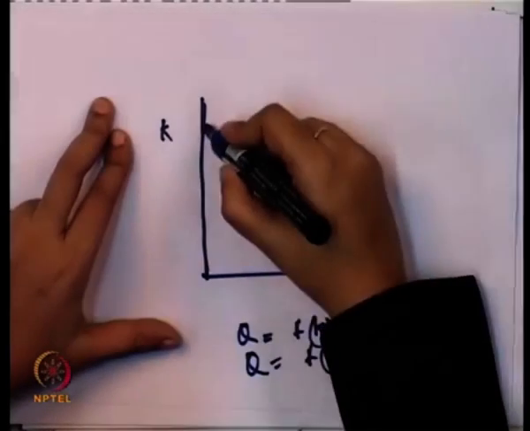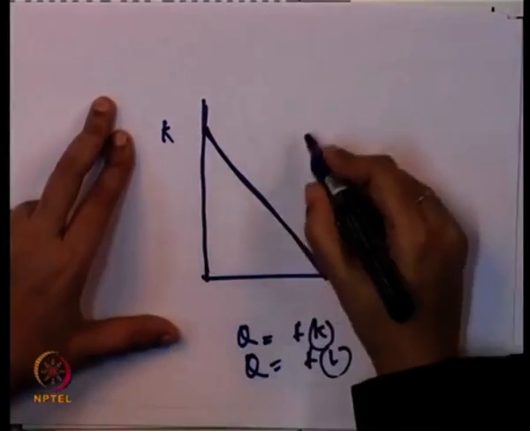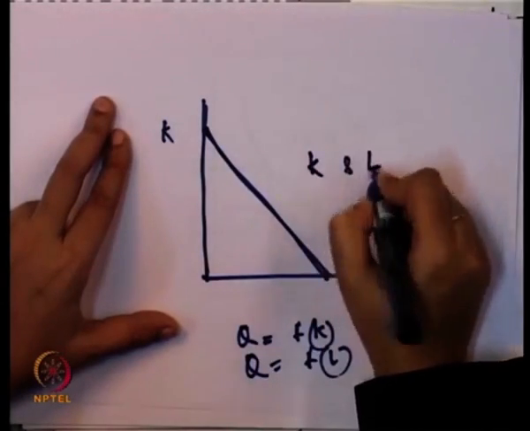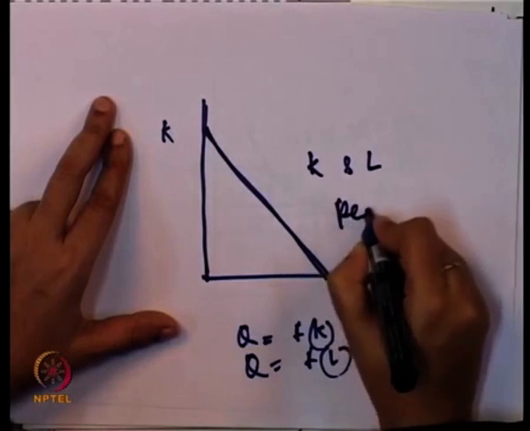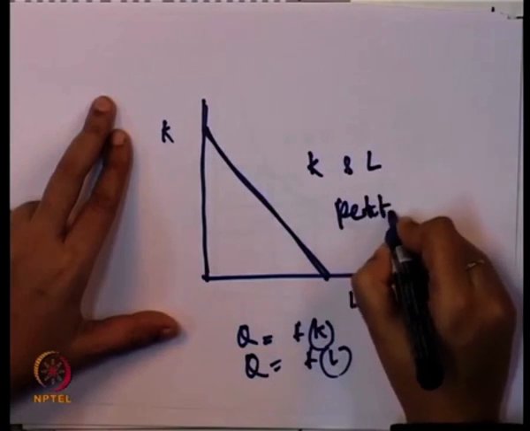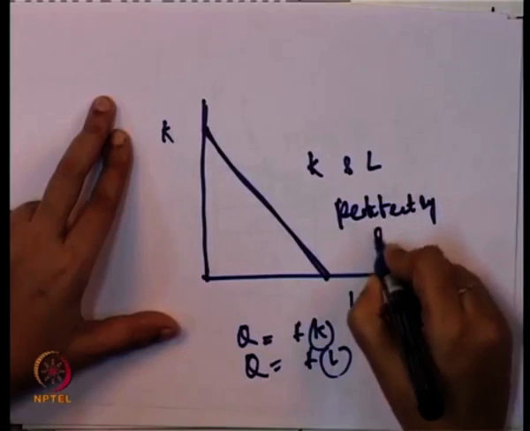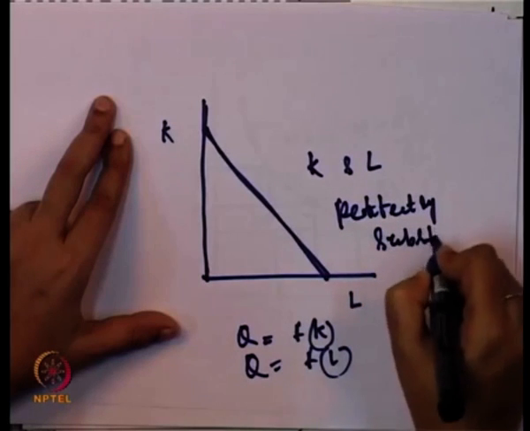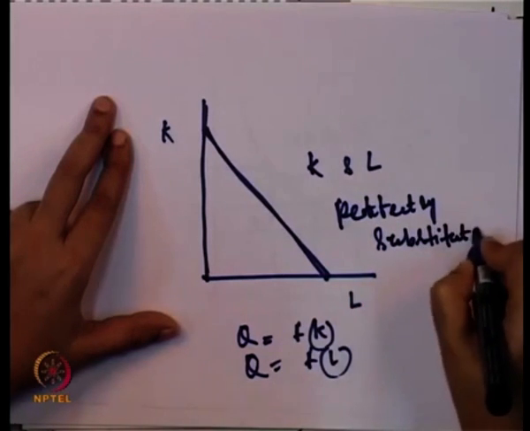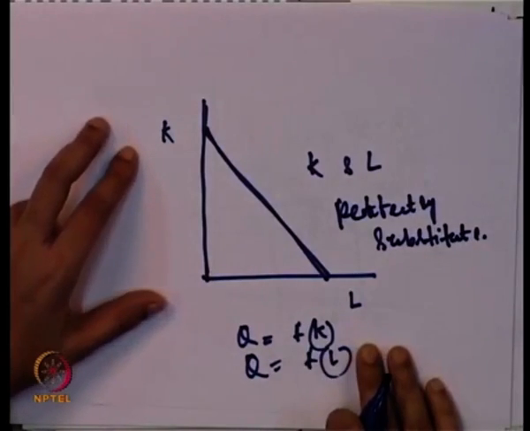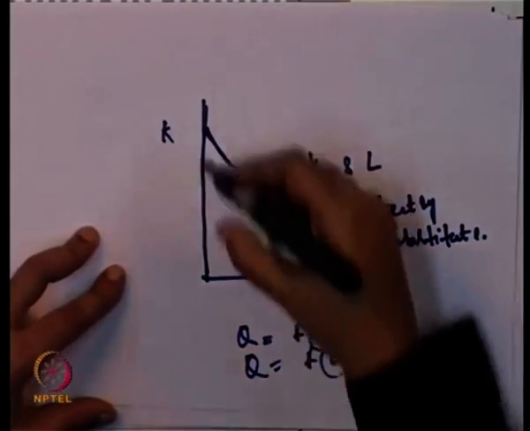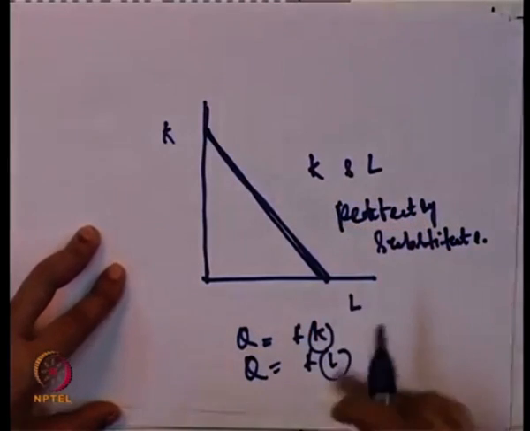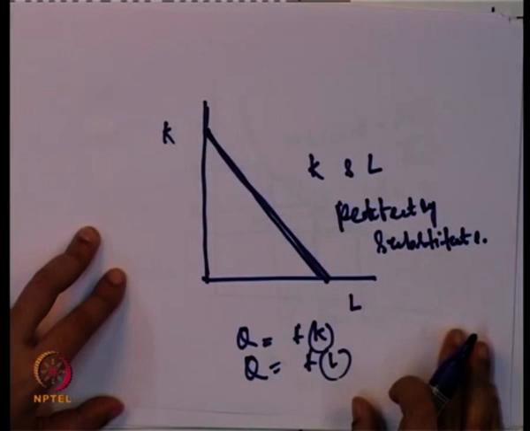So, the isoquant takes this shape if K and L are perfect substitutes. In the case of perfectly substitutable inputs, the isoquant is a straight line and it touches both the axes, because output can be produced with the help of either capital or labor.